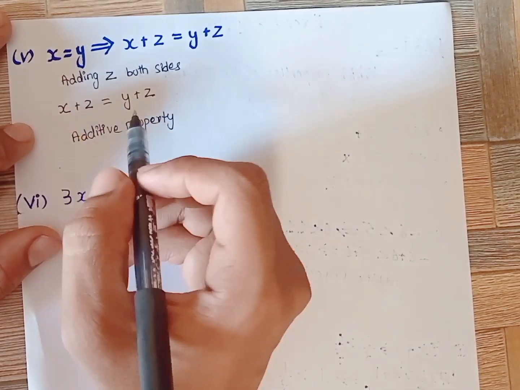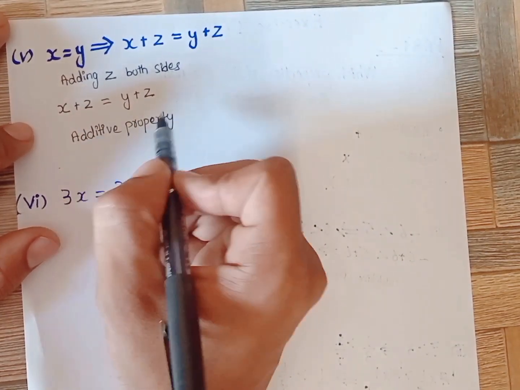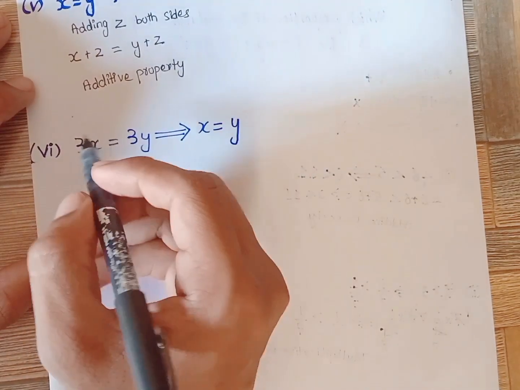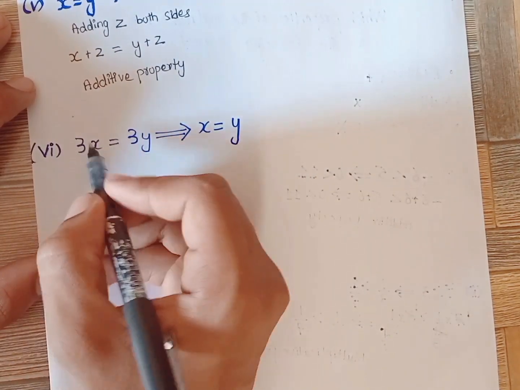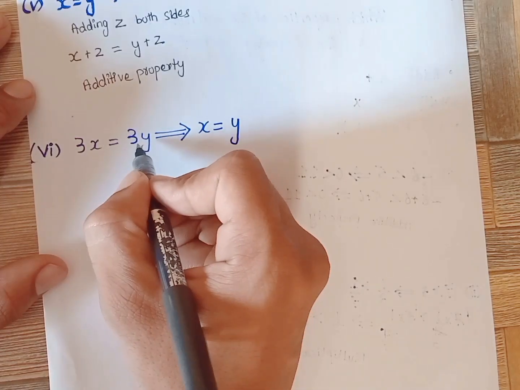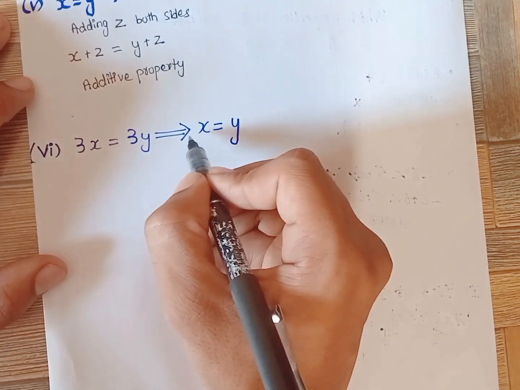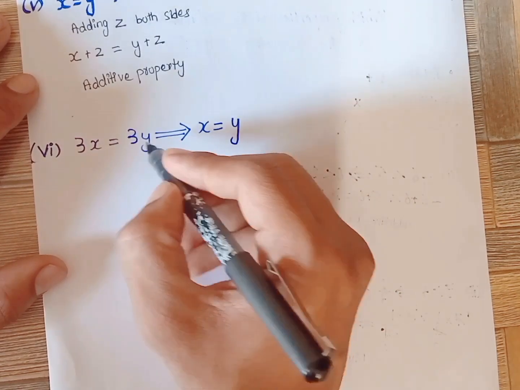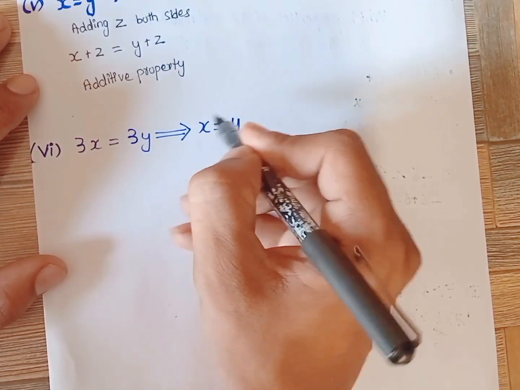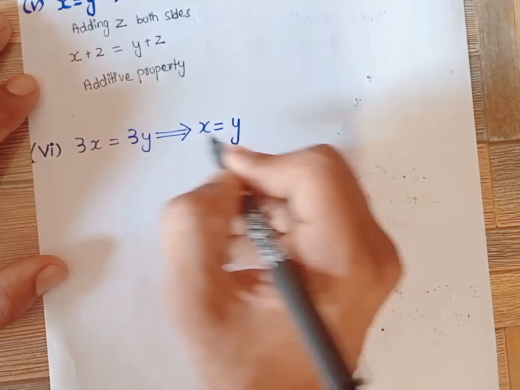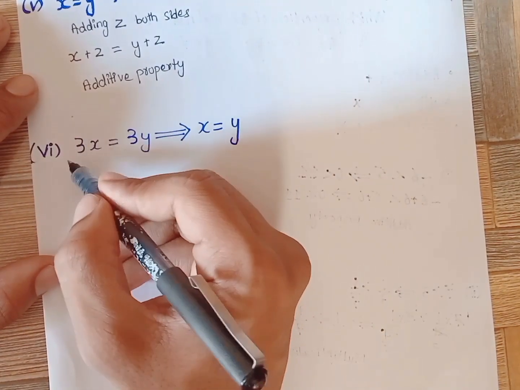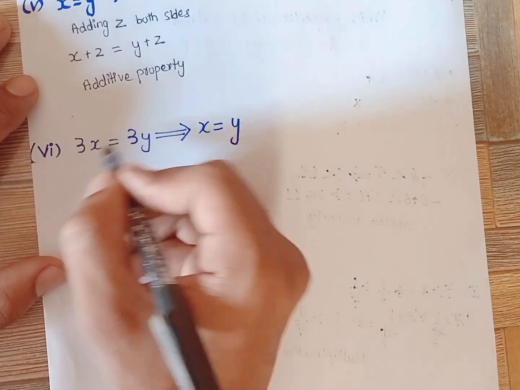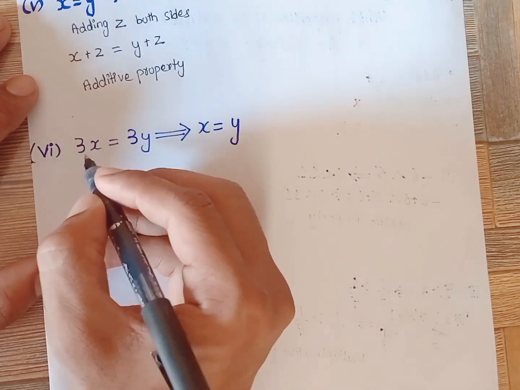These questions are very easy if you know the basics. The next question is 3x is equal to 3y, and the result is x is equal to y. What should be done with this equation so that we get x is equal to y? We will remove or cancel 3 from both sides.